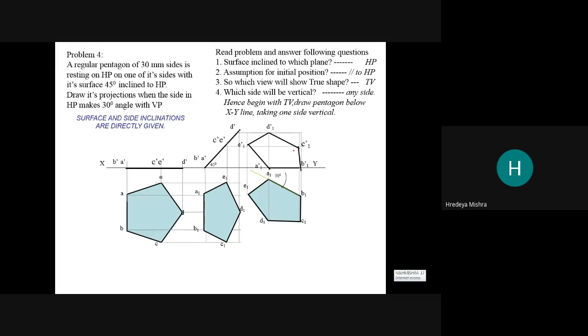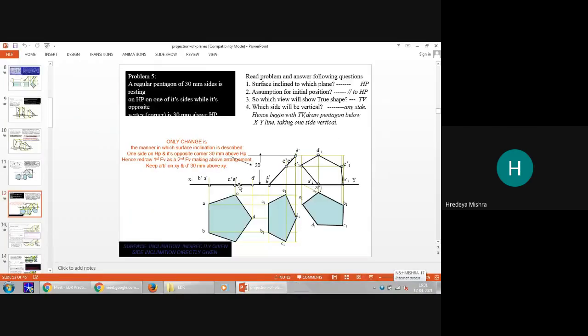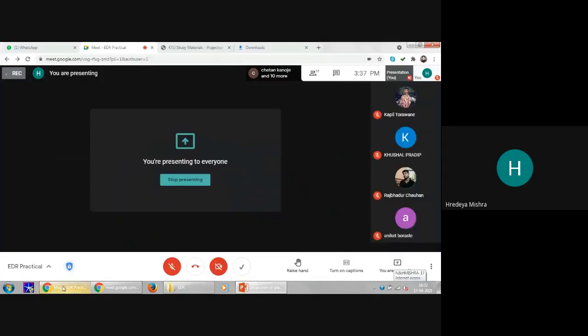So the meaning is that there is no difficulty, but you have to have the patience to draw the problem. Okay. So that's it for today's lecture.